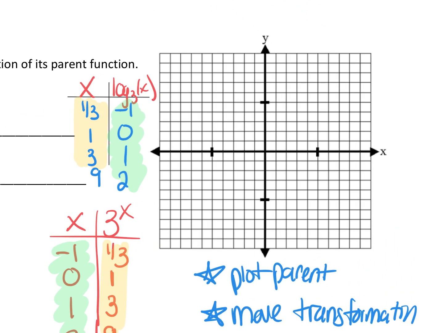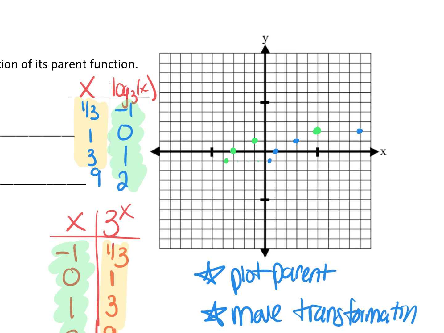I'm going to plot 1/3, -1, 0, 1, 0, 3, 1, 9, 2. I'm going to take all those points and move them left 4.